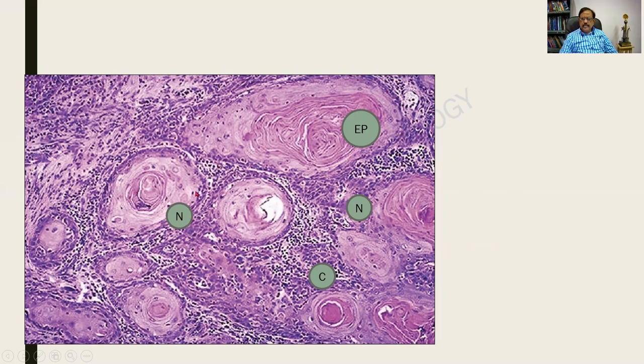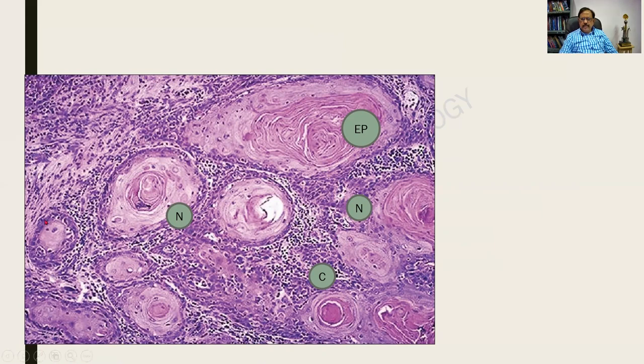It is a nest of these tumor cells, and the tumor cells are concentrically arranged around each other. So, they form what is called an epithelial pearl. Epithelial pearl is classical of squamous cell carcinoma. Pearl is actually a secretion that is formed by the oyster. As more and more secretions are deposited, they harden into a beautiful jewel which you buy and wear.